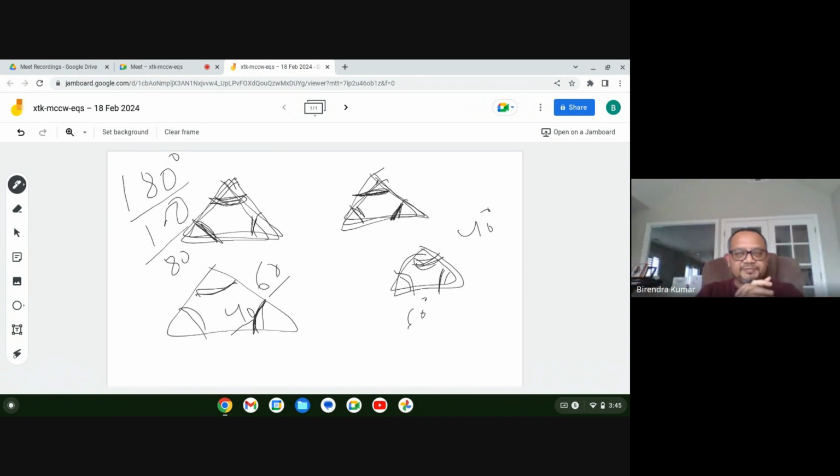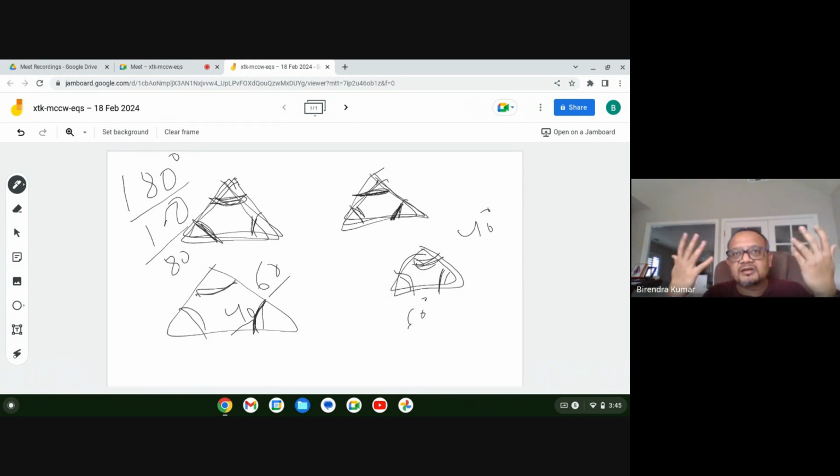So I'm just repeating again. Any and every triangle that we will see from now for the rest of our life, the sum of all the angles will be 180 only. There will never be any triangle whose sum of angles will be anything different from 180. Now, what we are trying to learn is what is similar. What do we mean by similar triangles?